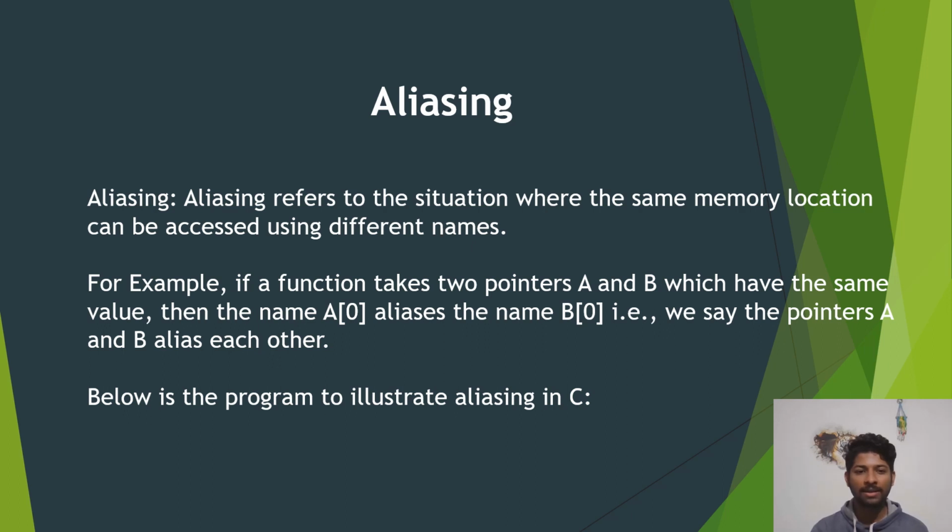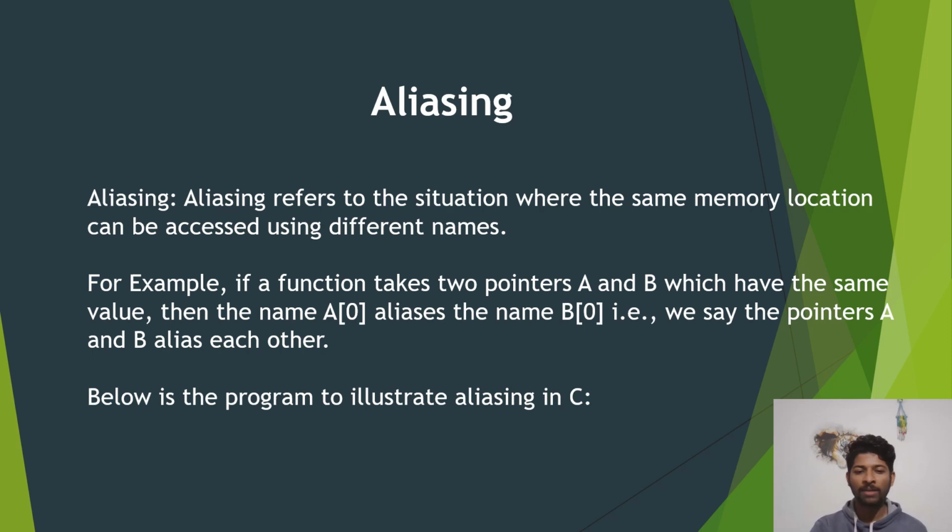So what is aliasing? Aliasing refers to the situation where the same memory location can be accessed using different names. For example, if a function takes two pointers a and b that have the same value, then the name a[0] aliases the name b[0]; that is, we say the pointers a and b alias each other.